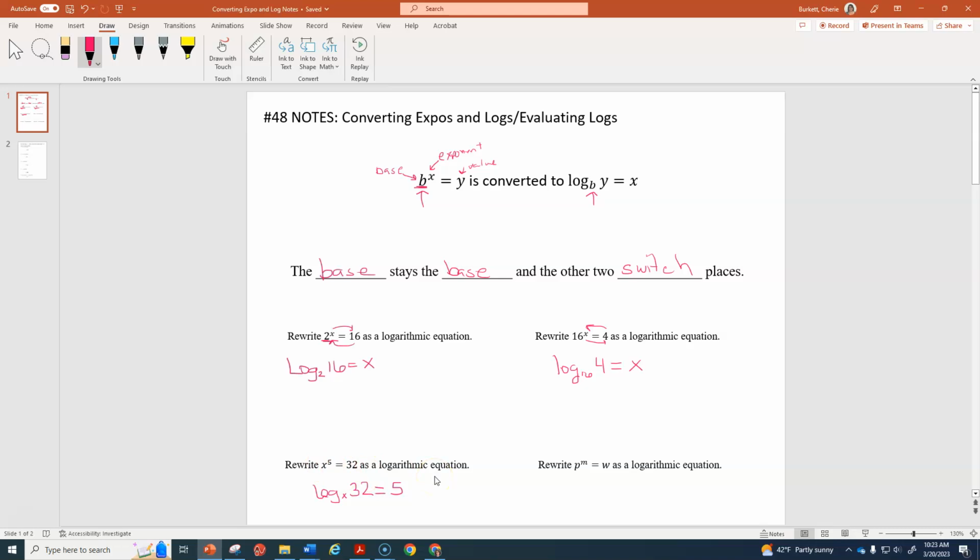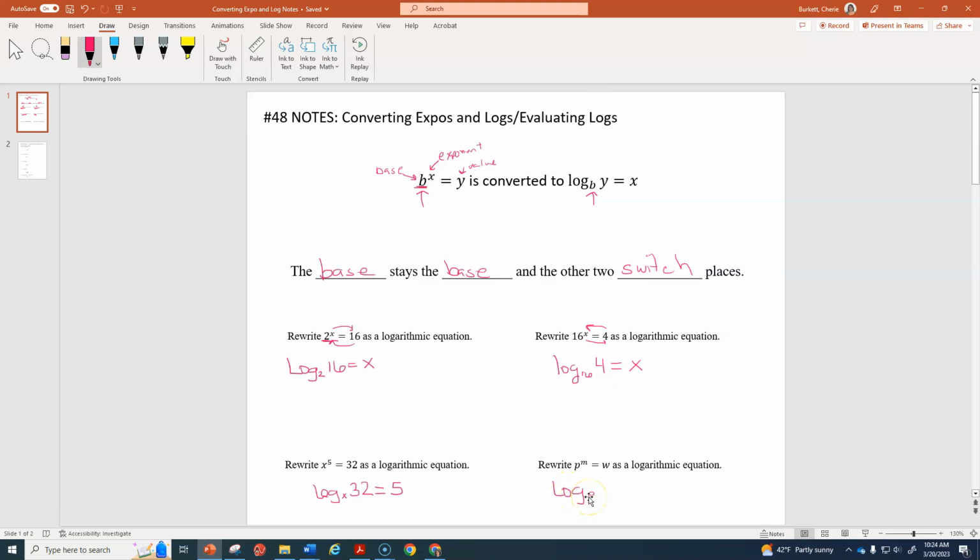So over here, when I've got a bunch of random letters, P, M, and W, the base stays the base. So my log is going to have a base P. Remember the base is written in a lower size font. If log is font 12, then this is probably going to be font 8. So be sure you write it in a lower size script.